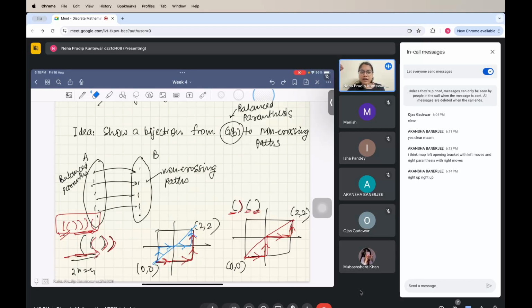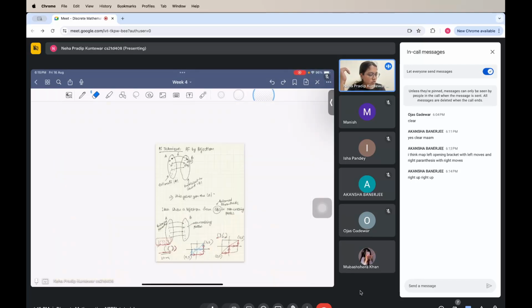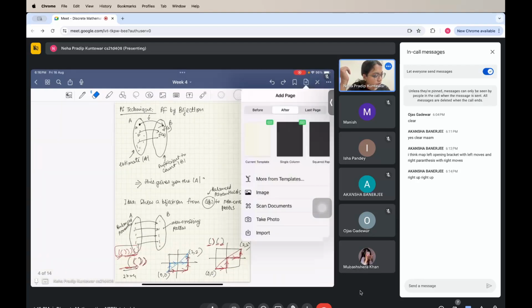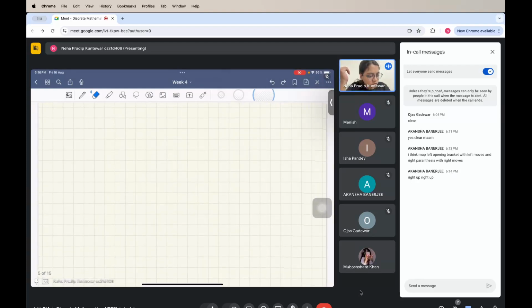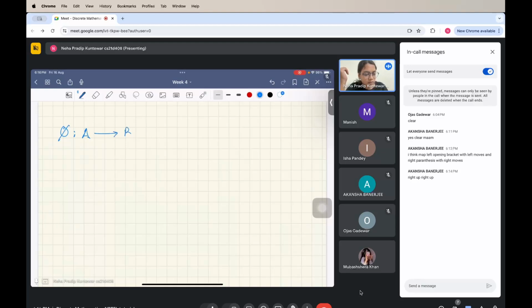So it's because of the properties that are common to both that you can see such a bijection. I'll just write it formally here. The bijection function phi maps A, the set of balanced parentheses, to B, the set of non-crossing paths.